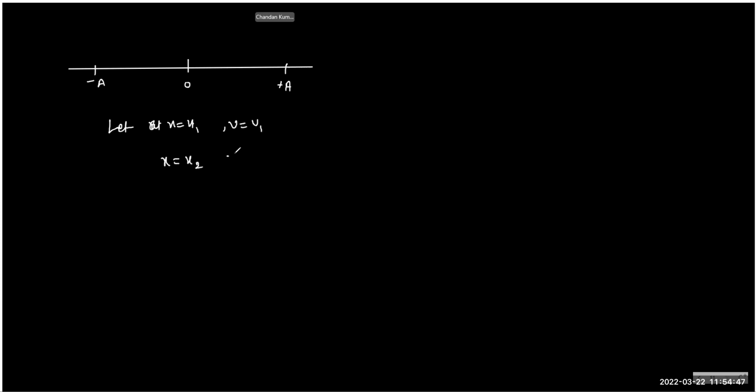At x equals x2, the speed is v2. Find A and omega. So which formula are you going to use? Which formula relates the v with x, the position from the mean position? V is equal to omega under root A square minus x square. Very good. So now you know that we have two variables and we have two equations. Solve it. Find the amplitude and omega. Do this.